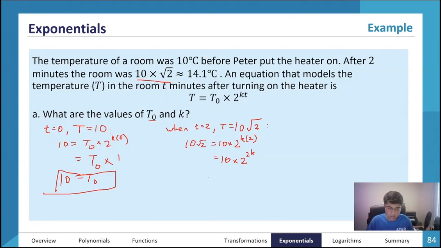We divide both sides by 10. So we get root 2 is equal to 2 to the 2k. Now root 2 is just 2 to the half. And we have 2 to the 2k. So now we can equate the powers because the bases are the same. We get half is equal to 2k. So k is equal to a quarter. We divide both sides by 2.